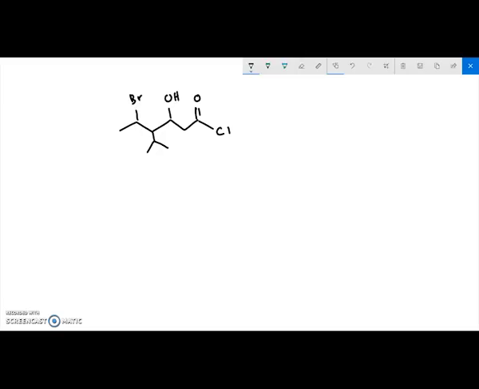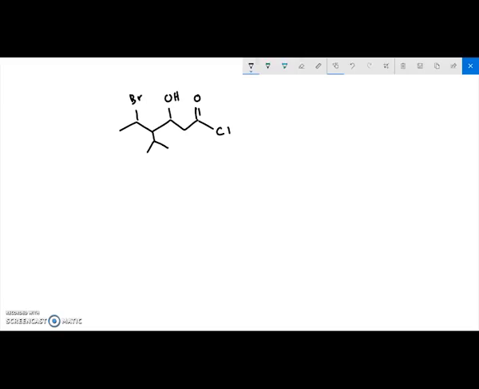In this example, we have the functional group of the acyl halide, alcohol, halogen, and also a simple isopropyl as the substituent. So in this case, we know that the acyl halide will have the highest priority since it is a carboxylic acid derivative, although we have bromine as the alkyl halide and also the hydroxide from alcohol, both of them having lower priority compared to the acyl halide compound.